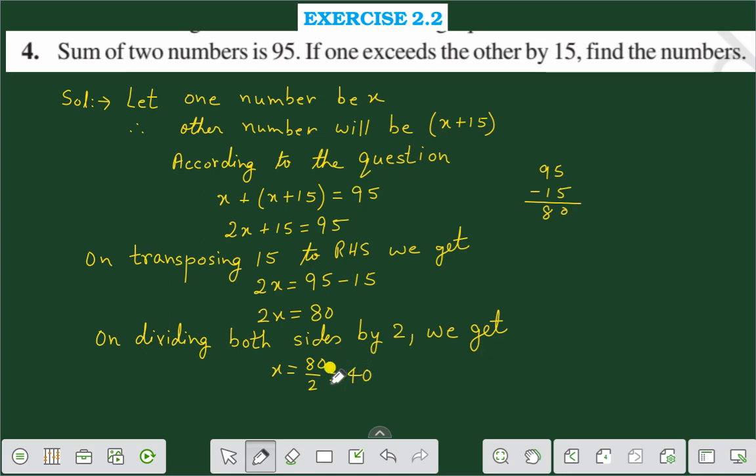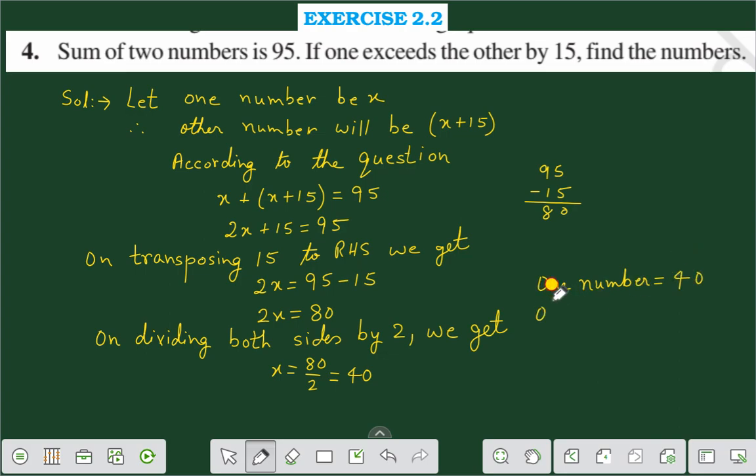The value of x is 40. Therefore one number is equal to 40.